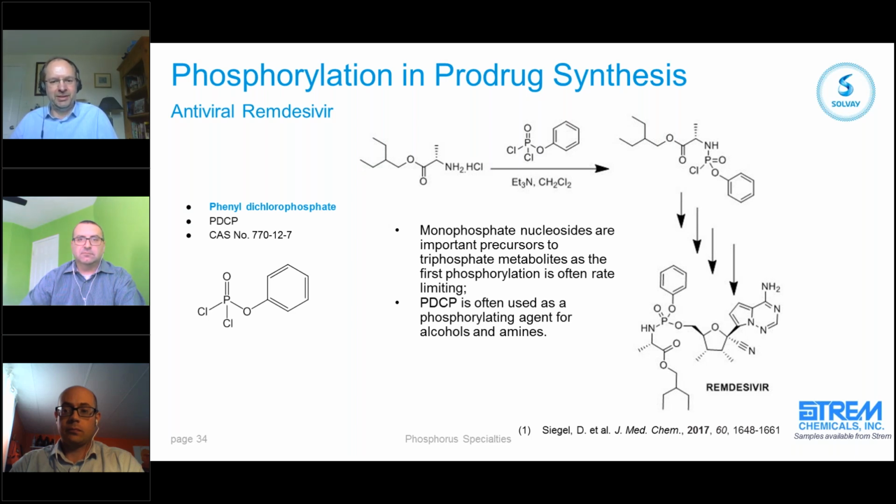And this can be easily converted to the triphosphate metabolite in the body. One of the problems in the body is that monophosphate generation is usually the slowest step to get to the triphosphate. So supplying the API as the monophosphate is a way to have a more effective drug substance. Next slide.